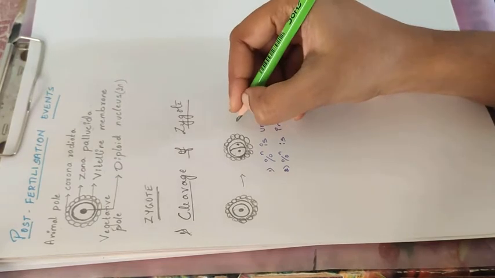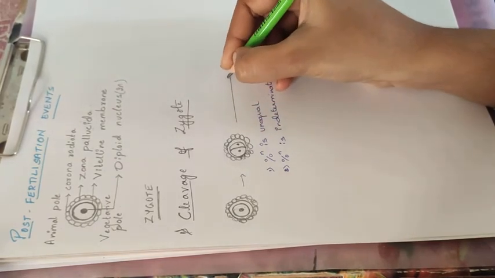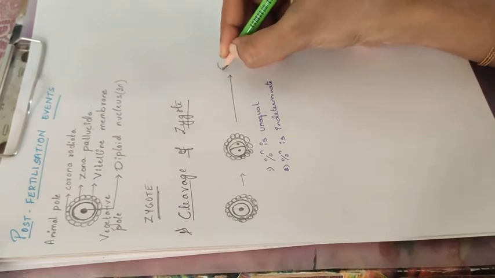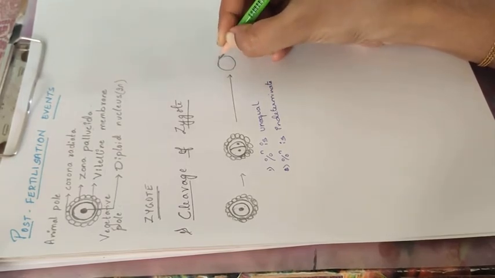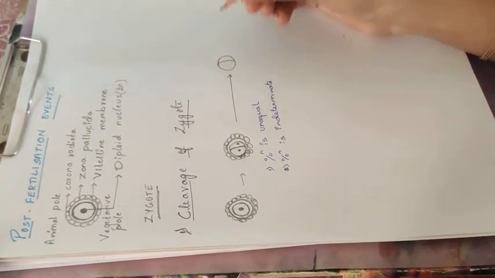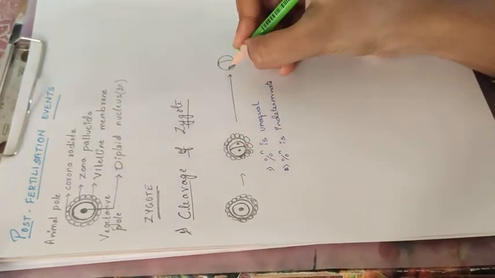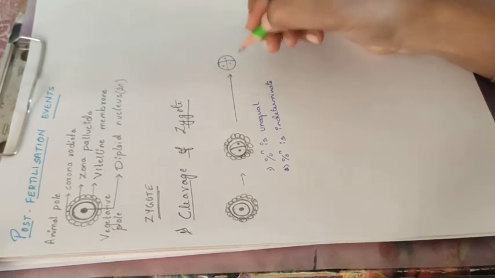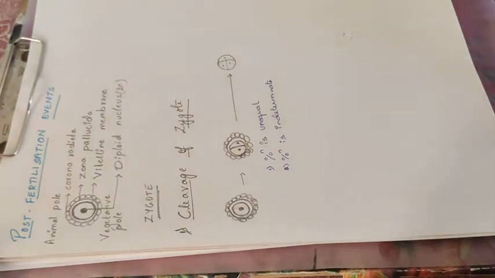After this it further undergoes division. So now it results in three blastomeres. It was 2, now it is 3. And this 3-cell blastomere stage is very short-lived. Immediately it will divide into 4.